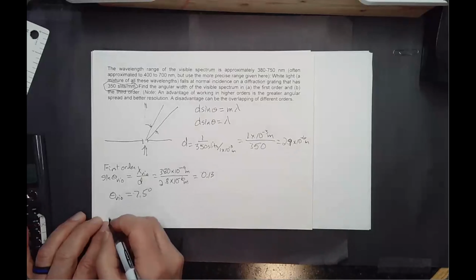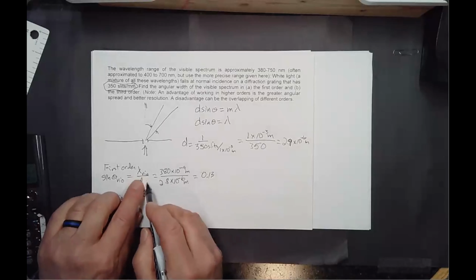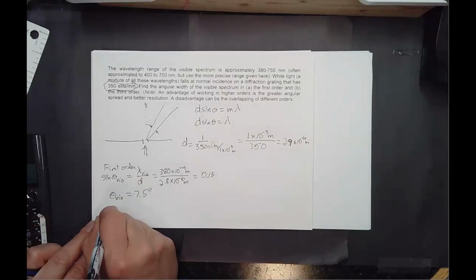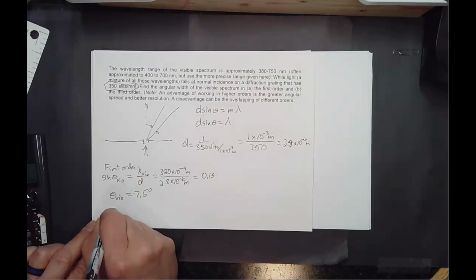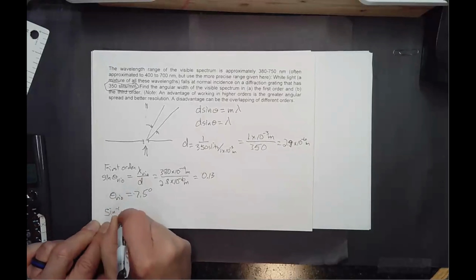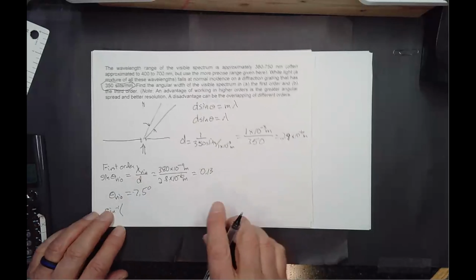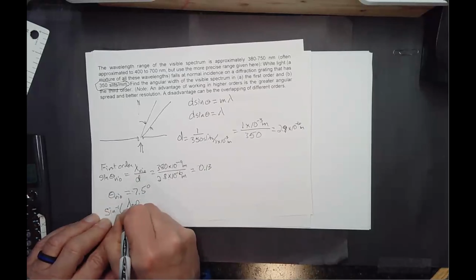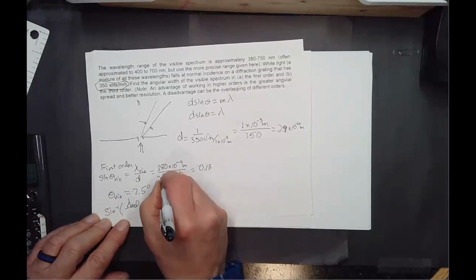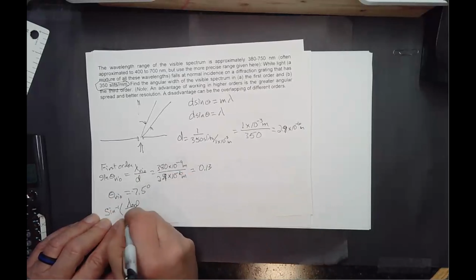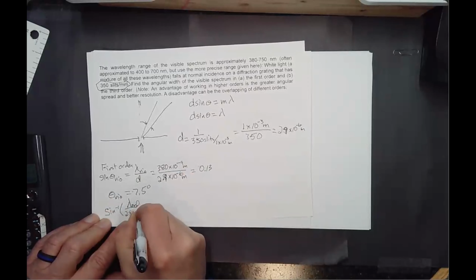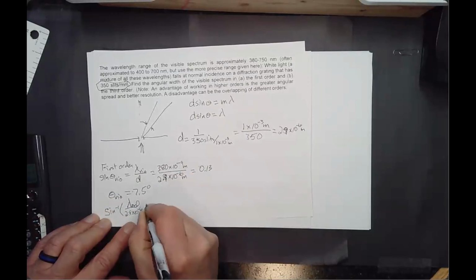Where does the red show up? Well, I just do the same calculation, and actually I'll write it out as one thing. It's the angle for which the sine is going to be lambda for the red divided by that 2.9 times 10 to the minus sixth meters.